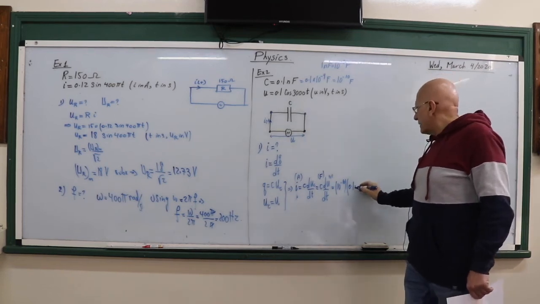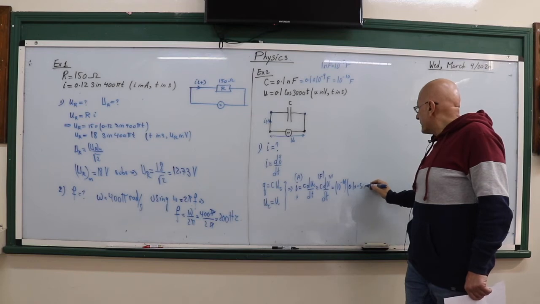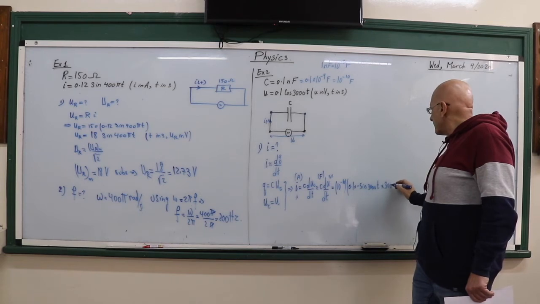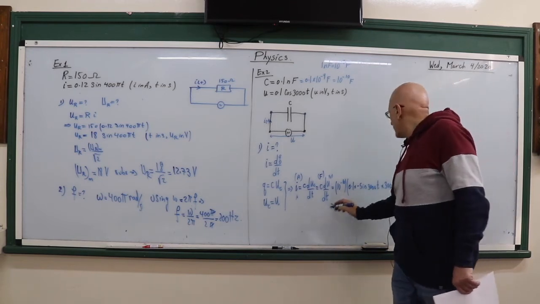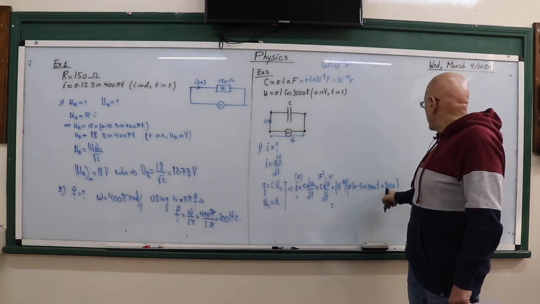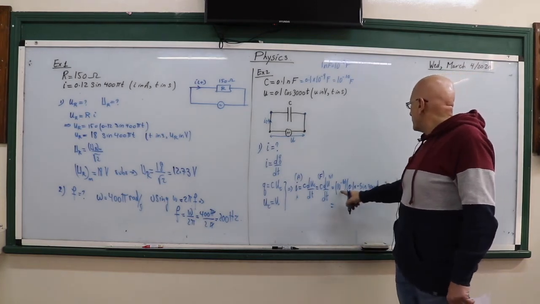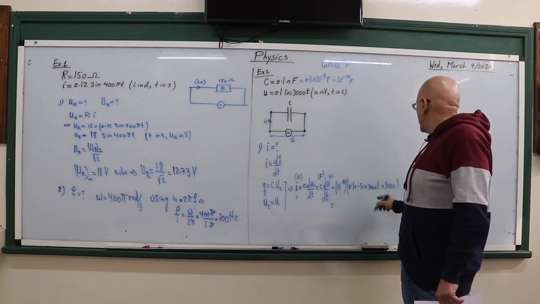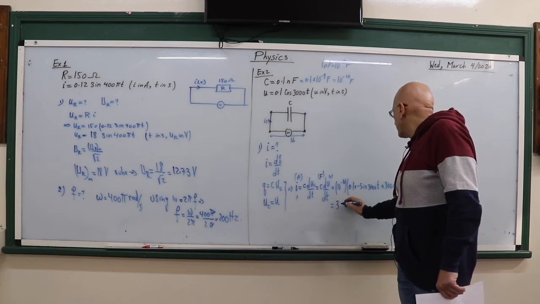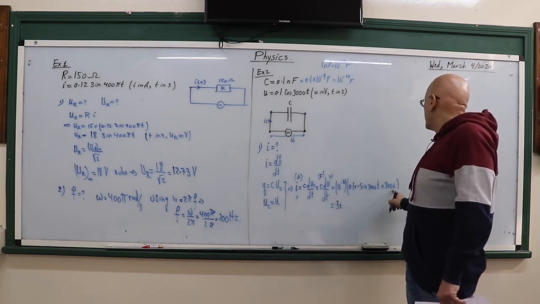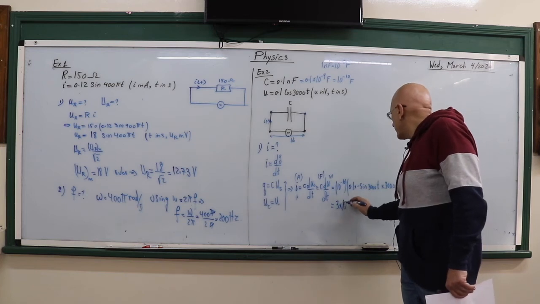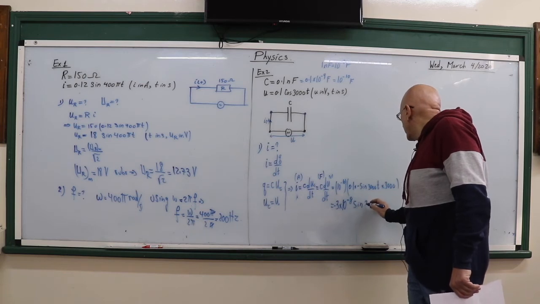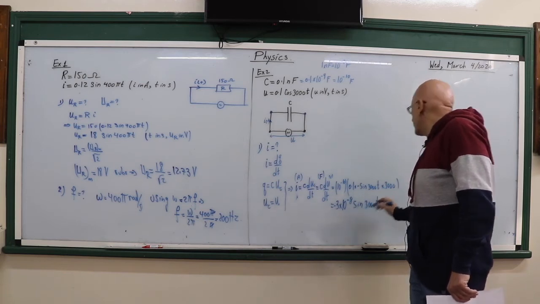The derivative of cosine is minus sine 3000 t times 3000. So you get 3 times 10 power minus 8 times minus sine 3000 t.